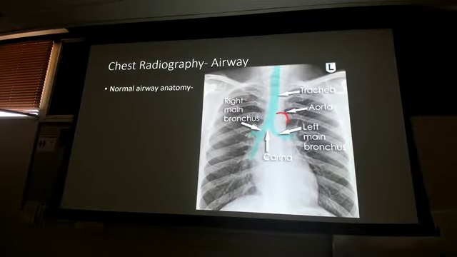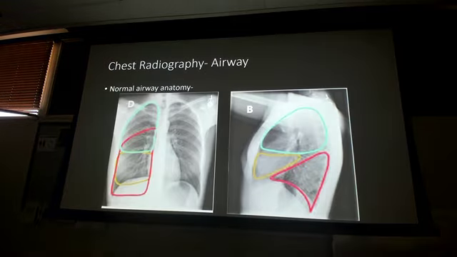Normal airway anatomy, we covered that already. Really want to hit home the key part of this section: understanding how the lobes of the lung come together. This is another reason we utilize 2 images, a PA and lateral.